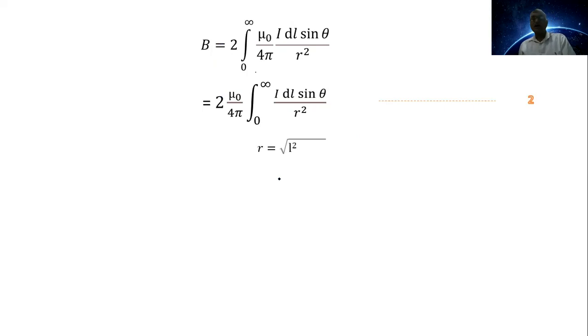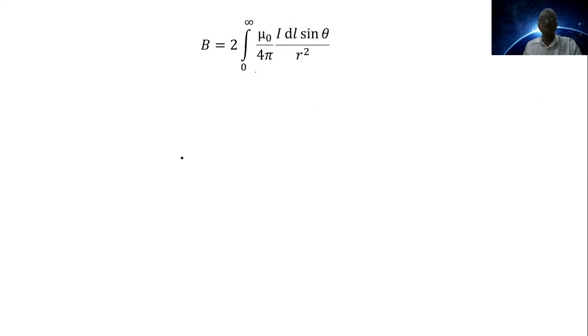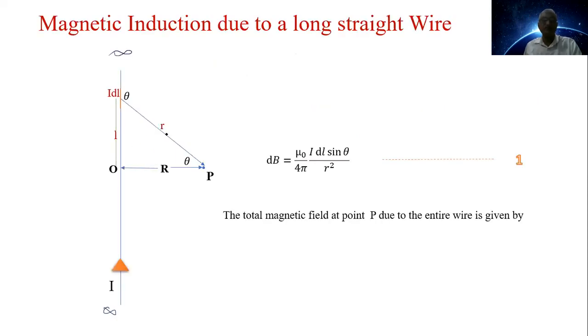We have R equals under root of L square plus r square. If we look at this figure, R square is equal to L square plus r square, and that's why R is equal to under root of L square plus r square, by using the Pythagoras principle.